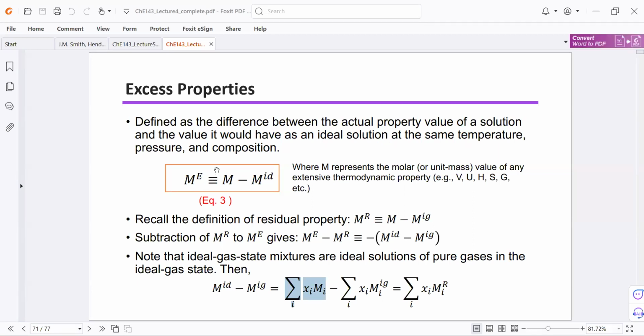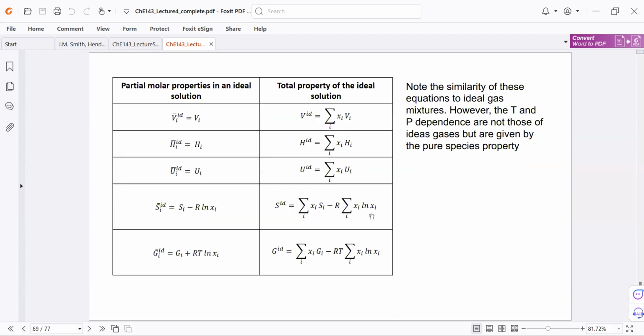Our equation for the excess property is M minus M ideal. And M ideal, if we go back to the previous table, is just represented by the summation of the mole fraction multiplied by the property of the species.